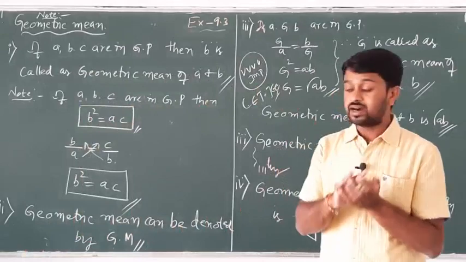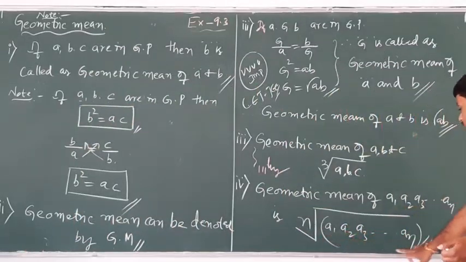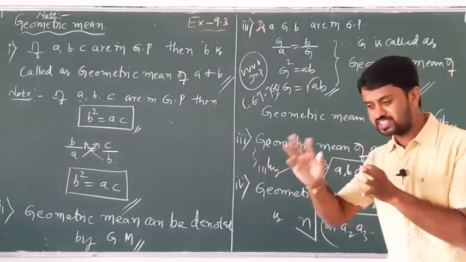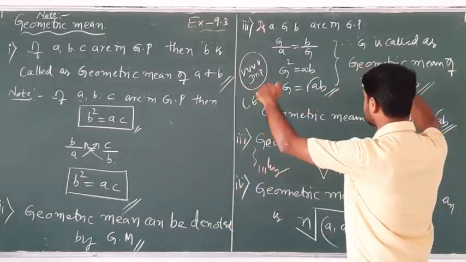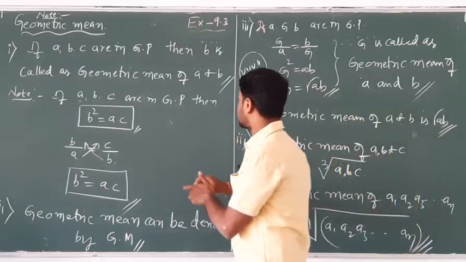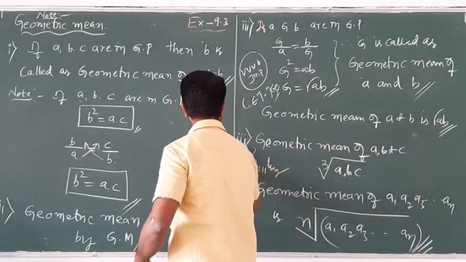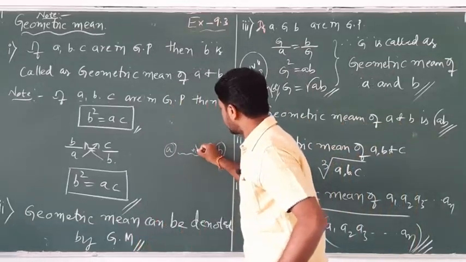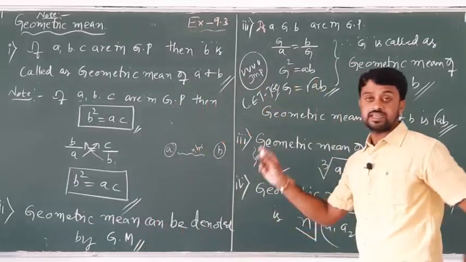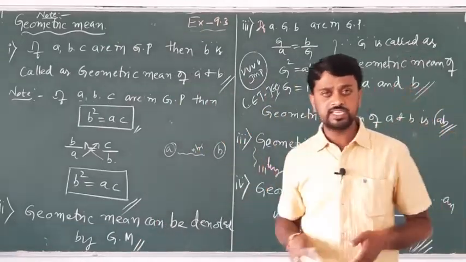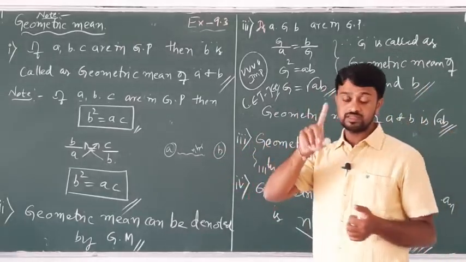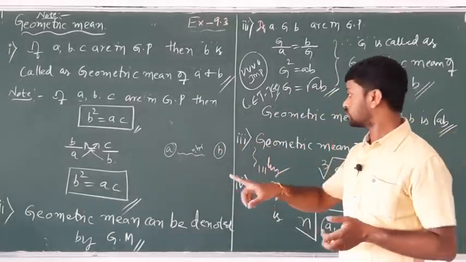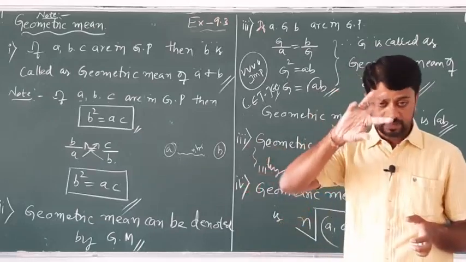If n numbers G1, G2, G3 up to Gn are inserted between A and B, then the resultant sequence A, G1, G2, G3 up to Gn, B forms a GP.